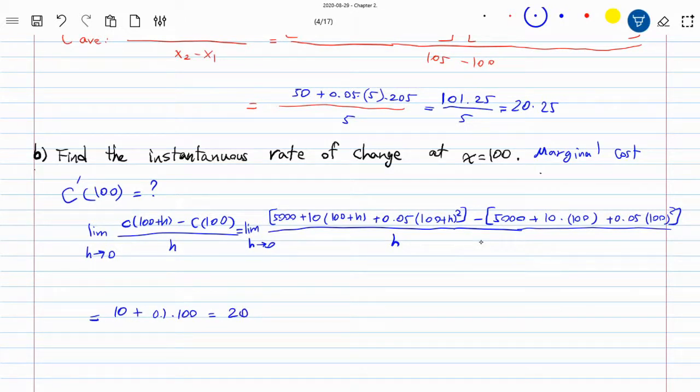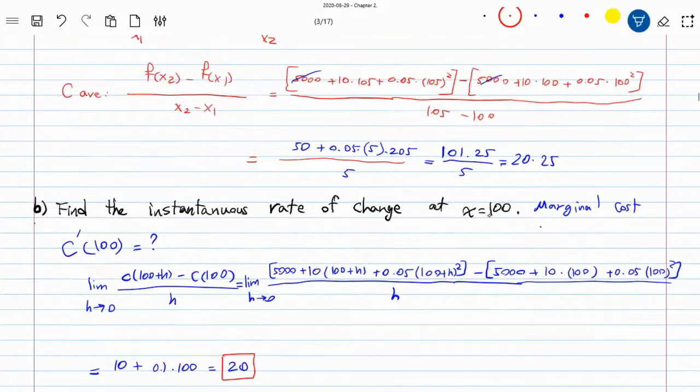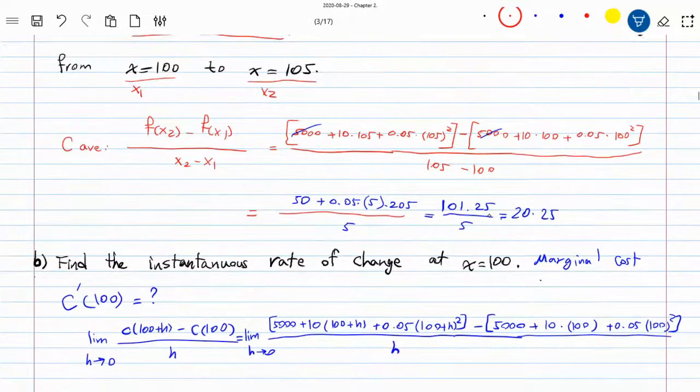So that means the cost would be $20 if I want to move from 100 unit to 101 unit. Not exactly at 101, but when we have 100 units as our x value, the instantaneous rate would be $20. So that would be the cost that we expect.